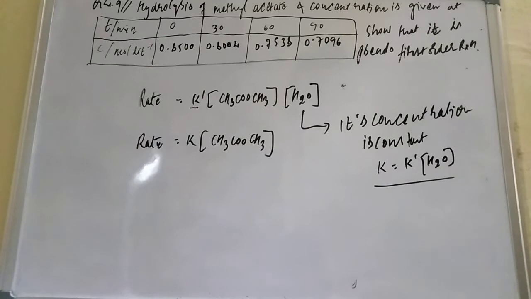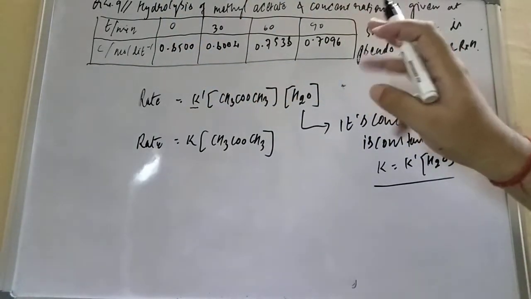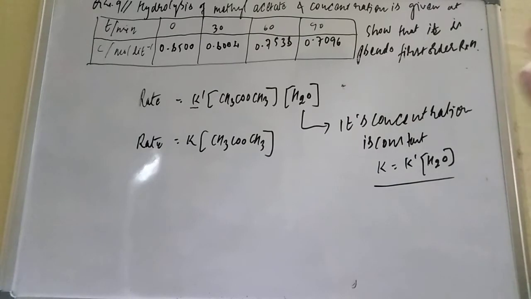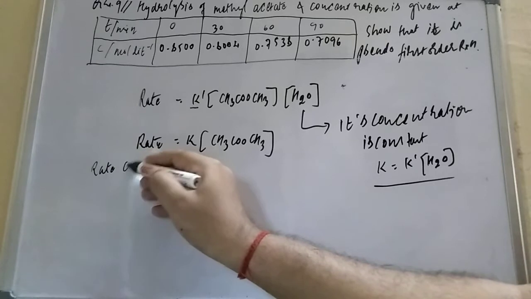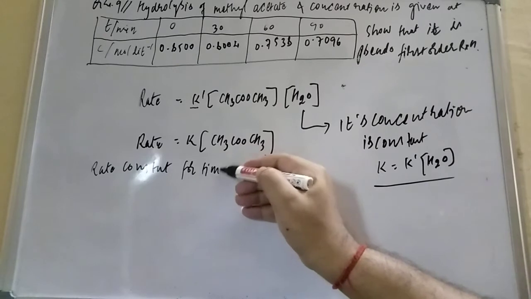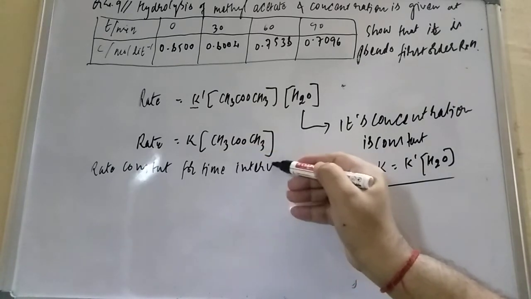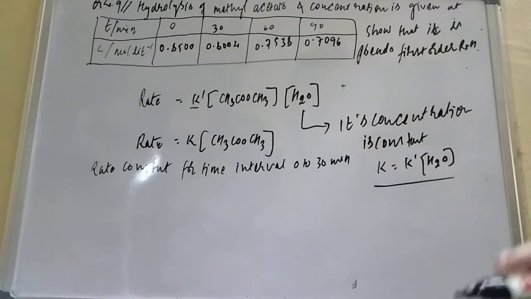Now we are going to check the rate constant over time. Are all the values coming the same or not? For a first order reaction, the rate constant will be constant. We are calculating the rate constant for the time interval 0 to 30 minutes.